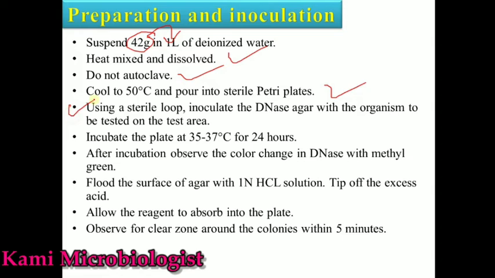After that, take up the bacterial colony using a sterilized wire loop and streak it onto the DNase agar medium. Then incubate it at 34 to 37 degrees Celsius for 24 hours. After incubation, check the color changes in the methyl green area, which shows the DNase enzyme.